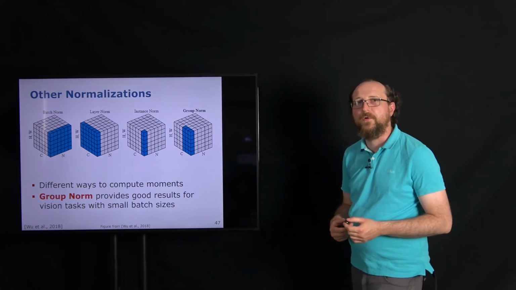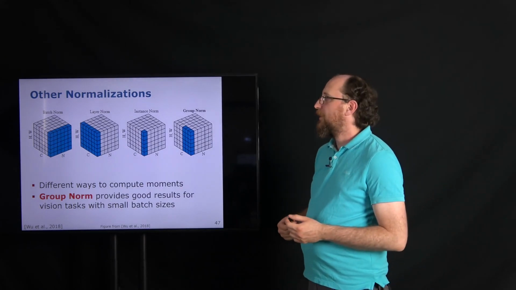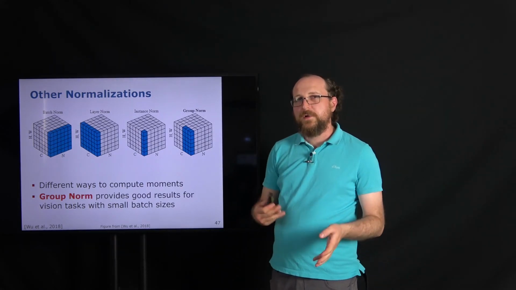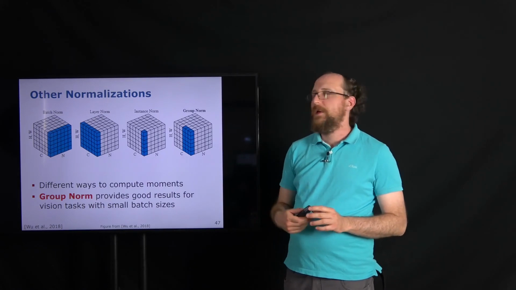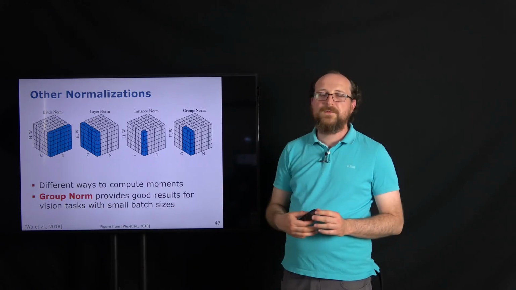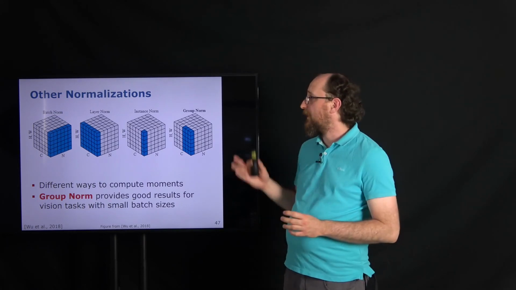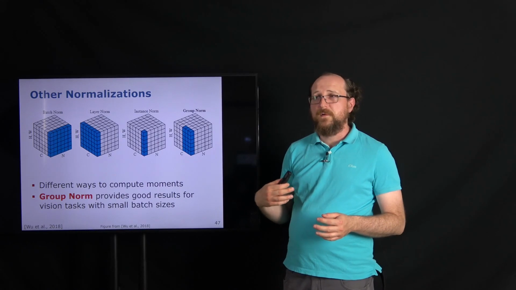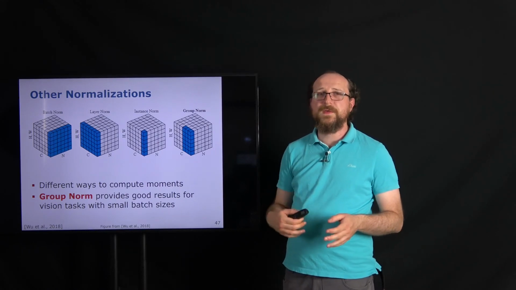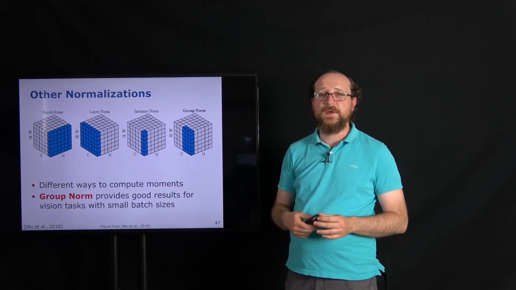viable choice for normalization. So all these things, using the optimization with Adam, a proper initialization, and using normalization, are ways to get more stable and more reliable learning in the end.